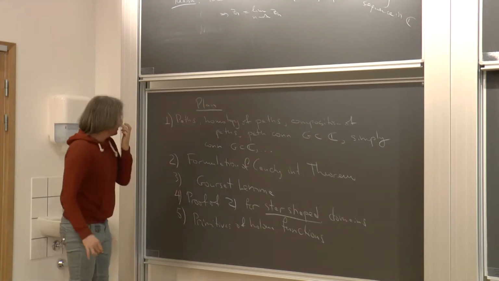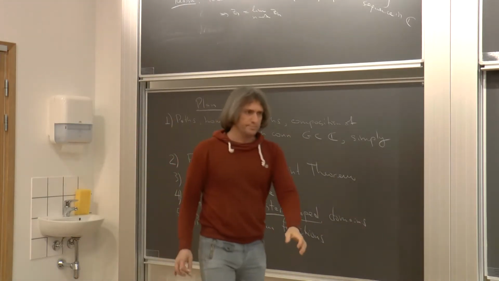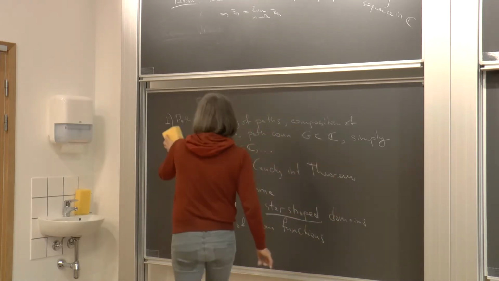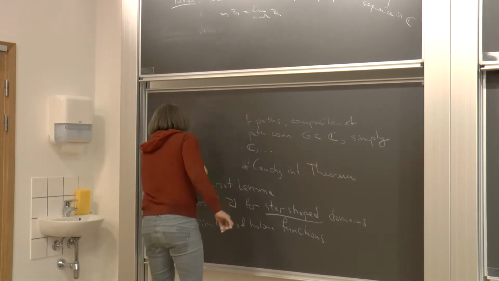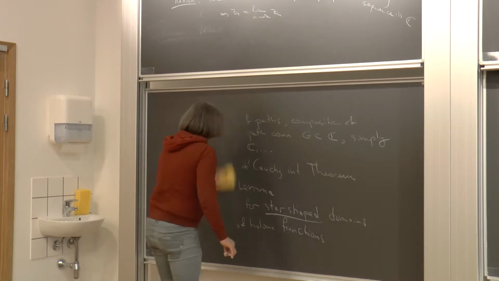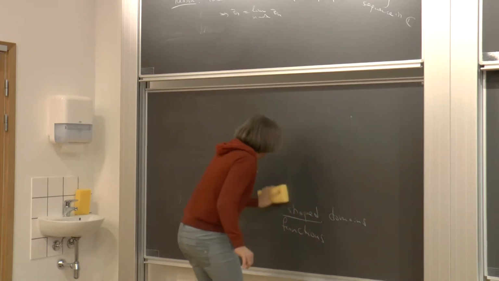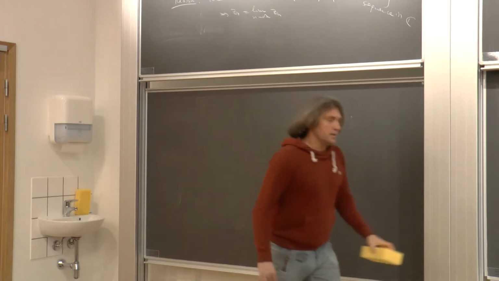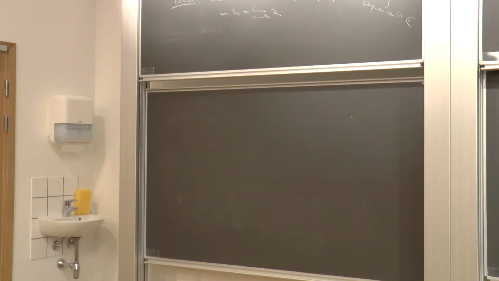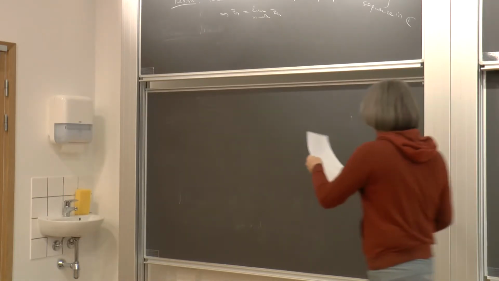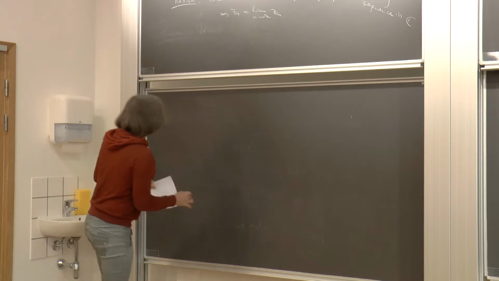Okay, so now comes the analytic part. So the analytic part goes like this. We have this z node.